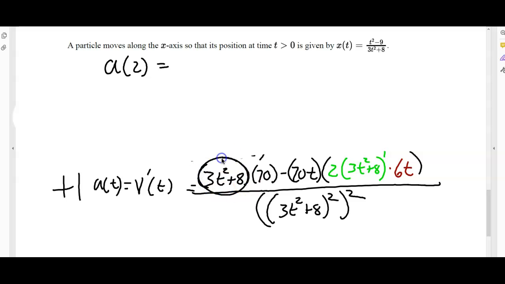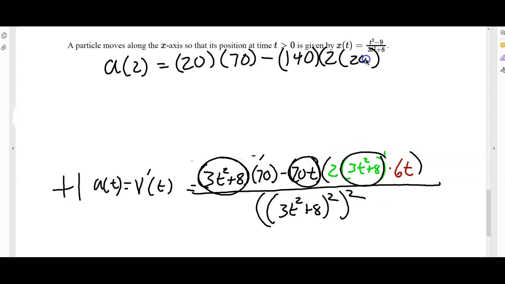If I plug in 2 here, I would get 20. If I plug in 2 here, I would get 140. If I were to plug in 2 here, I would get 20 again.